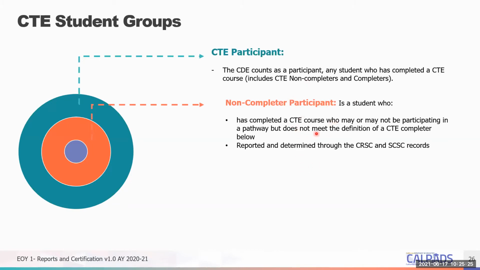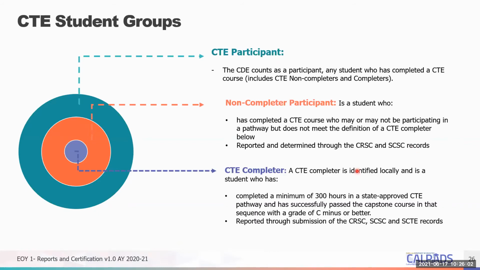These are the students who have completed a CTE course, who may or may not be participating in a pathway, and who do not meet the CTE completer definition that I'll be explaining below. The information for a CTE participant is reported and determined through the CRSC and SCSC records. We're able to know who the participant is just by the CRSC and SCSC records.